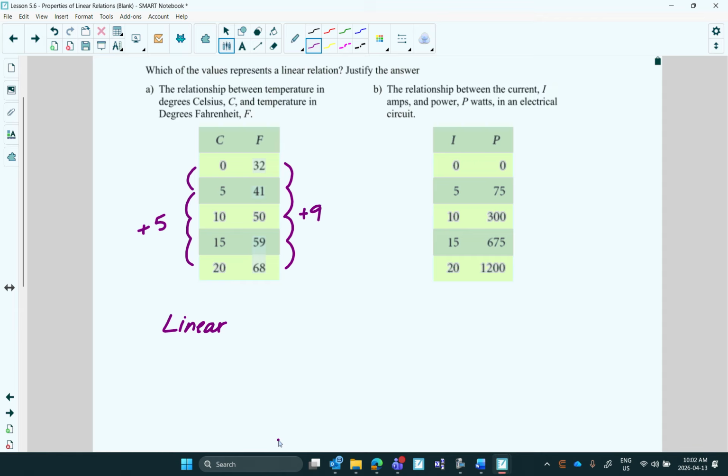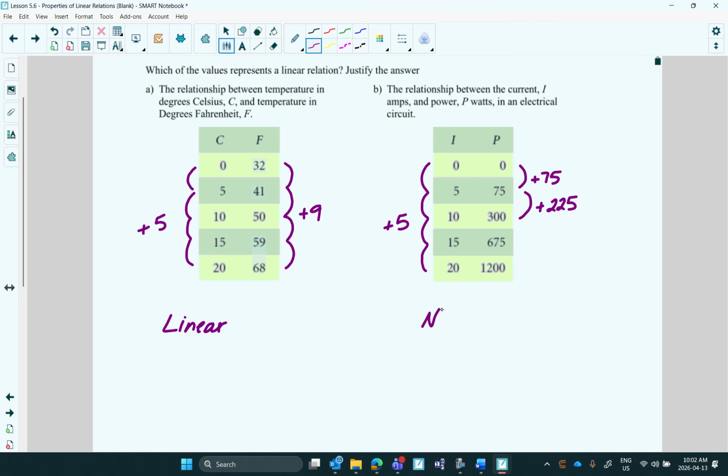This one, we can see it's the same numbers here. So 5, 5, 5, 5. But how about the second column? How much? 75. But then 225, stop right there. It's not going up by the same amount on the second column.